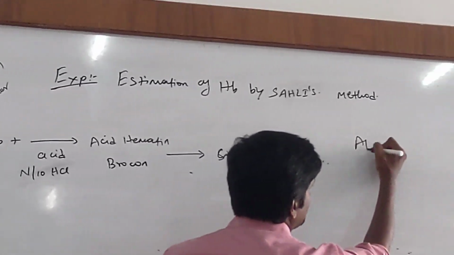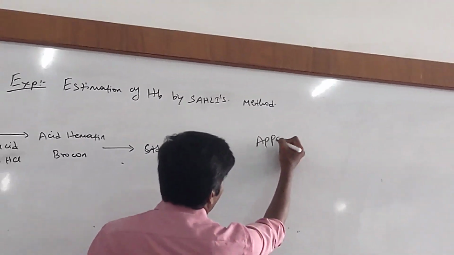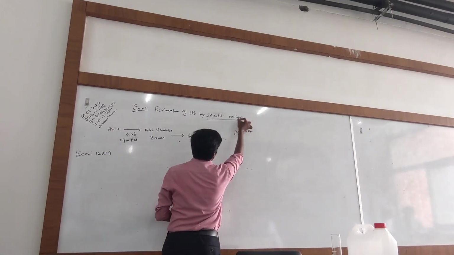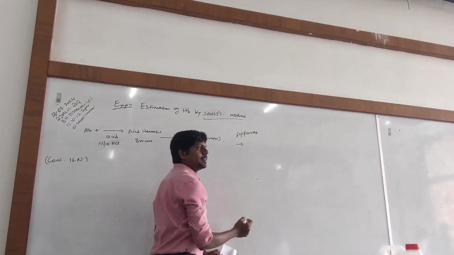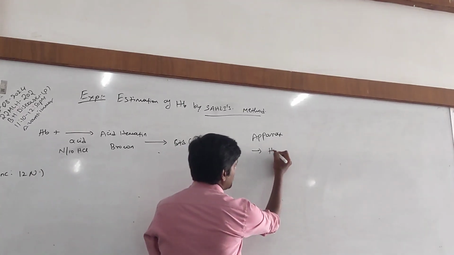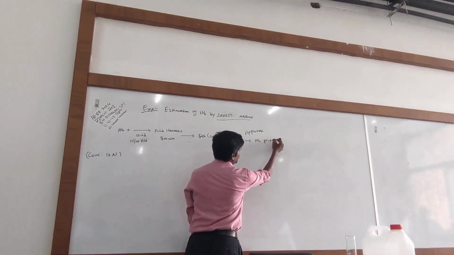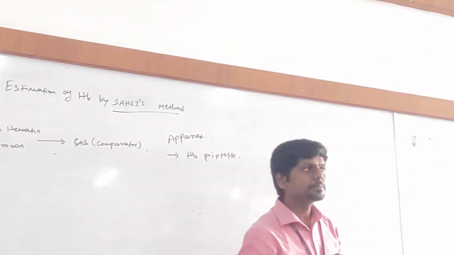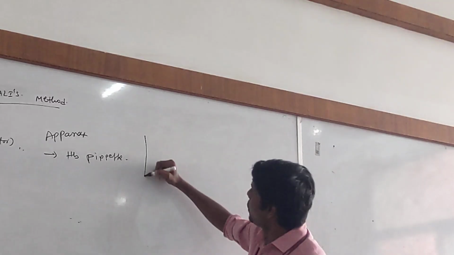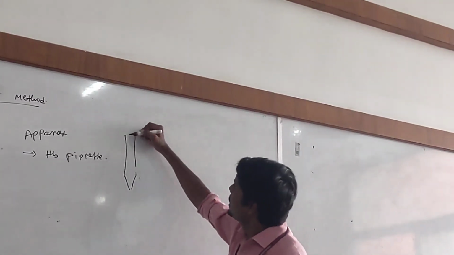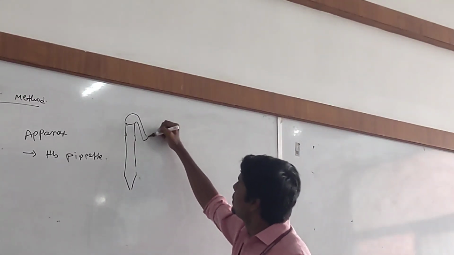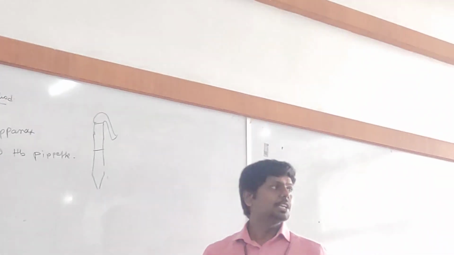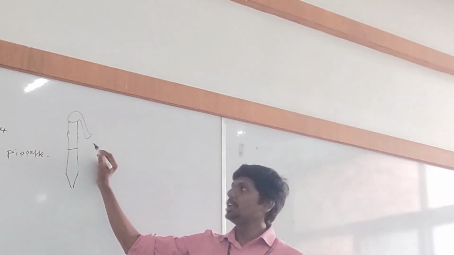Then what are the apparatus of Hb estimation? Apparatus for Sahli's Hb method. What we need? We need a Hb pipette. So what is the marking of Hb pipette? This is the Hb pipette, and it has an upper marking that is 50, 0.05.